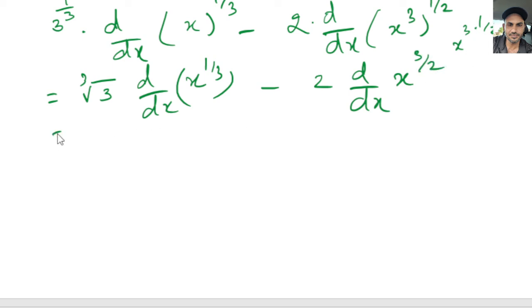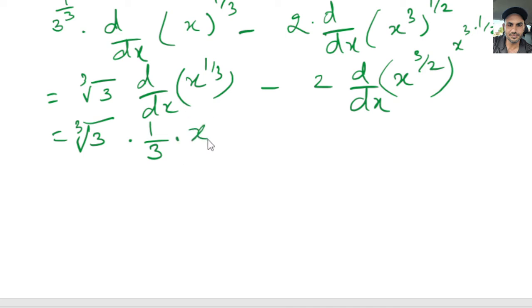Now let's go ahead and simplify this further by taking the derivative of these terms. So we have the cube root of 3 times the derivative of x to the 1/3. We bring the 1/3 to the front using the power rule of the derivative.